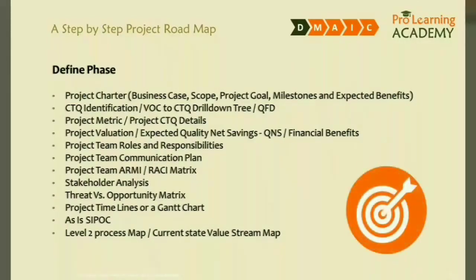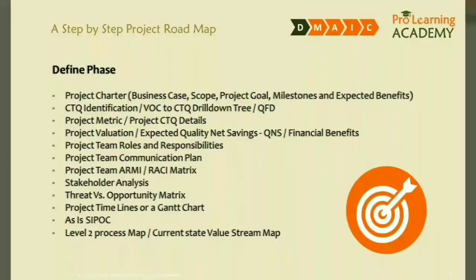It is important that the project team ARMI or RACI matrix will be a part of it to ensure that we have clearly defined stages and phases as to who will approve, who will be responsible, who will be accountable for the task, and so on.